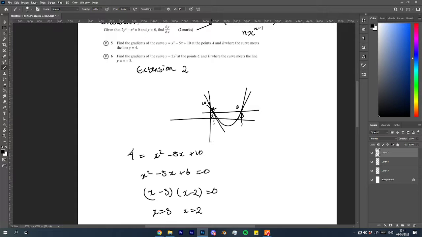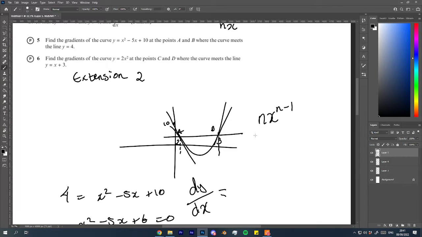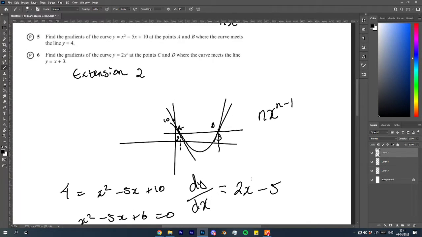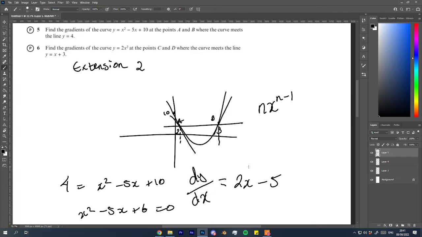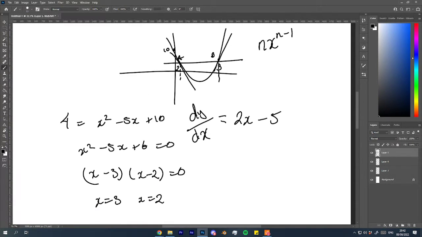Next, we can differentiate dy by dx. Now I'm going to apply the nx to the n minus 1 rule that we had from before to each individual value. X squared becomes 2x, minus 5x becomes just minus 5, and plus 10 disappears, and we're just left with nothing on that. So that's our differentiation function for this graph, question 5. Okay, next I'm going to substitute 2 and 3.